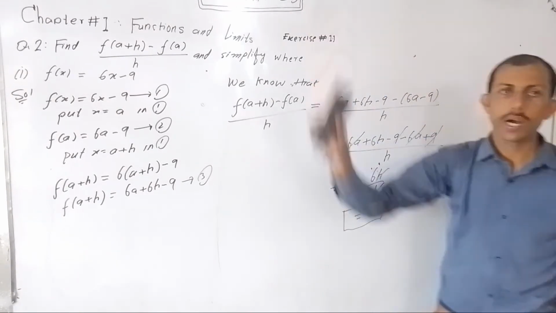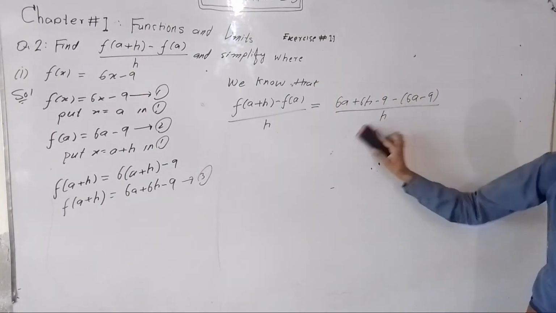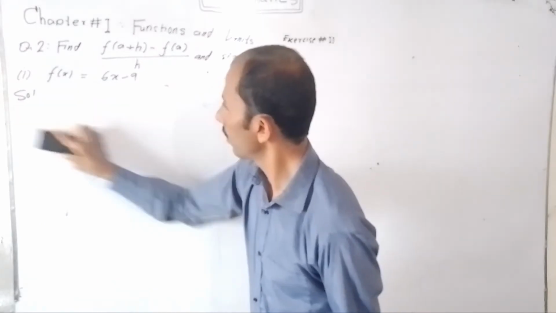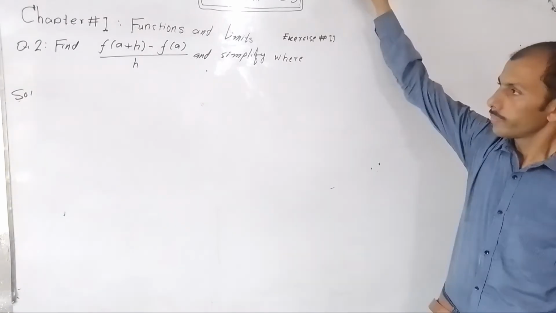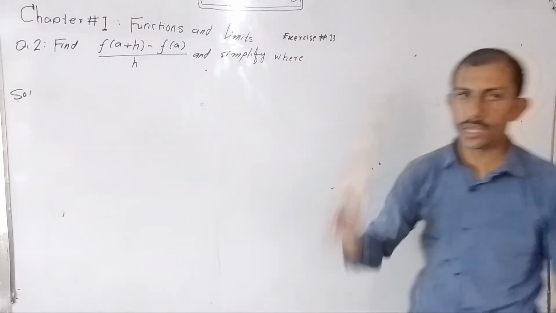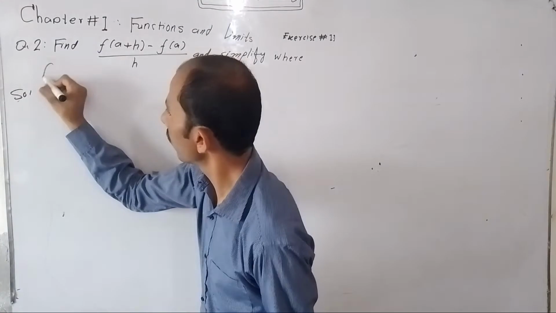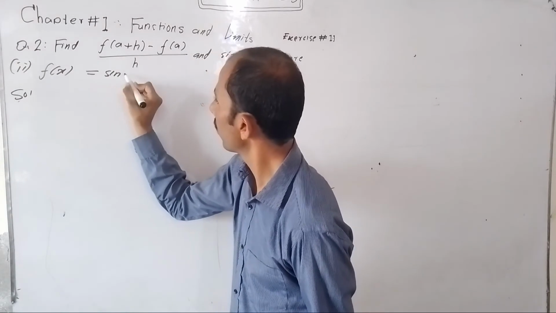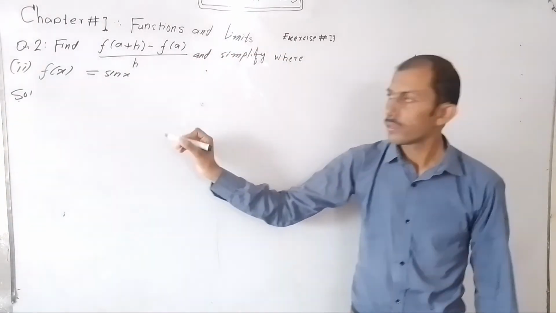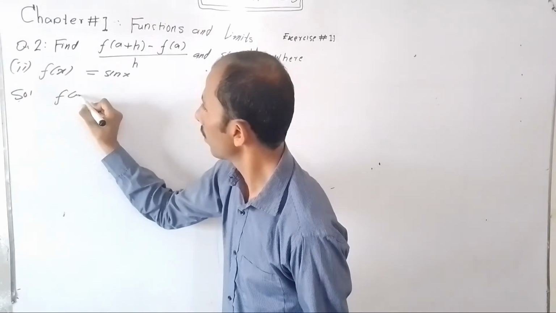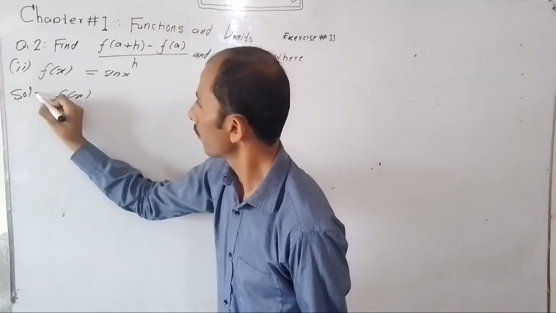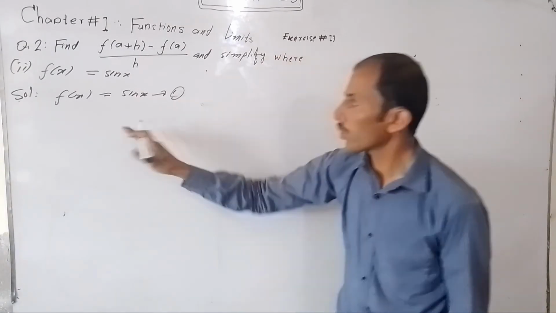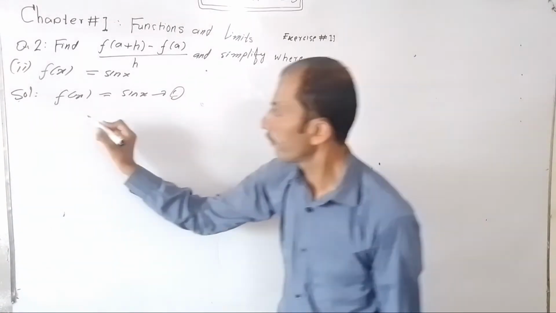Next, question number 2, part number 2. f of x is equal to sin x, first as it is. f of x is equal to sin x, equation number 1. Put x is equal to a in equation 1.